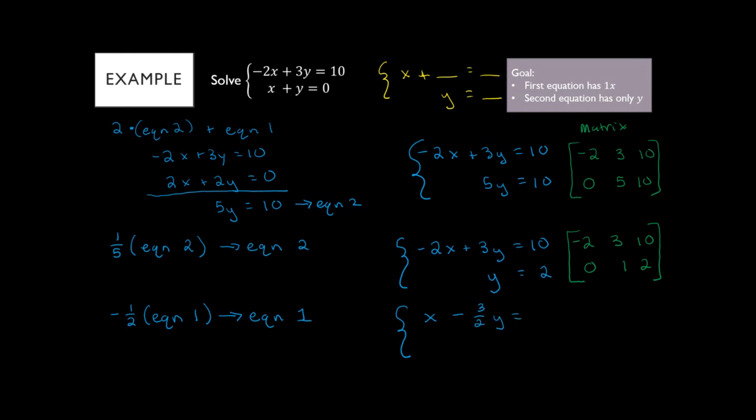And then -1/2 times 10 is -5. The bottom equation is staying the same. If you're writing this as a matrix, we would then have 1, -3/2, -5, 0, 1, and 2.